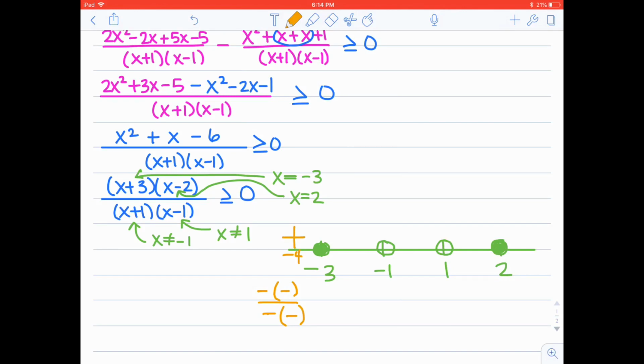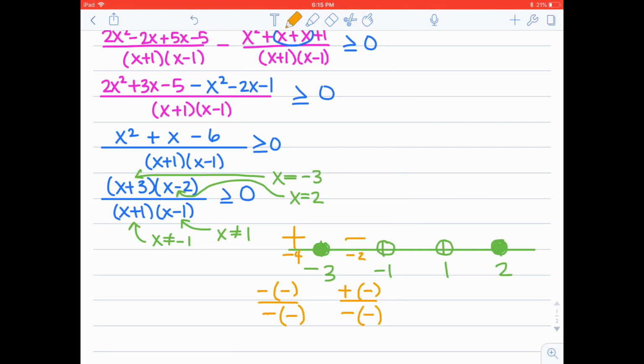A number between negative 3 and negative 1 would be like negative 2. Negative 2 plus 3 is positive, negative 2 minus 2 is negative, negative 2 plus 1 is negative, and negative 2 minus 1 is also negative. So that would end up being a negative.